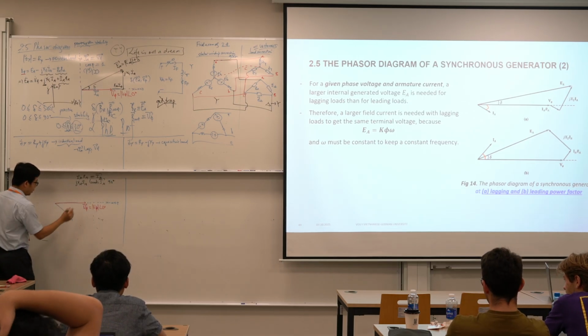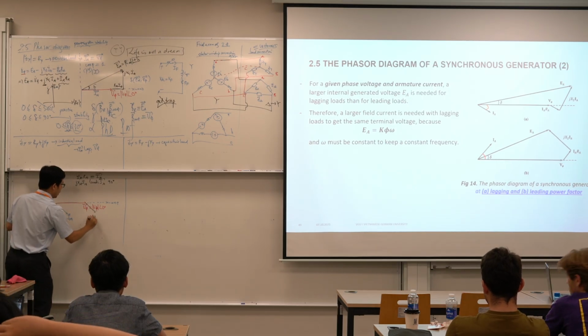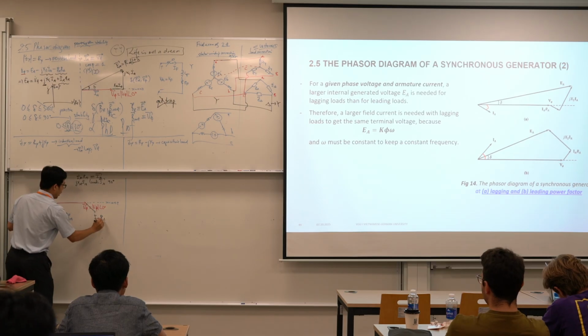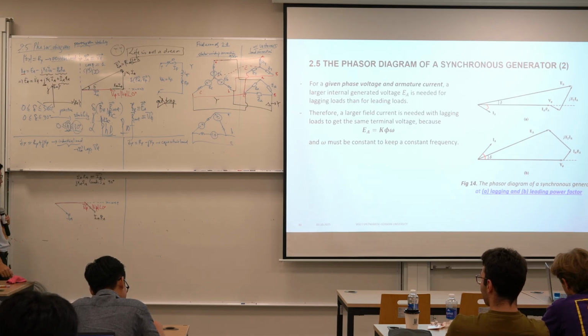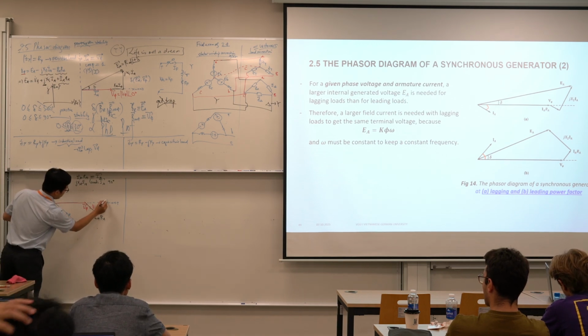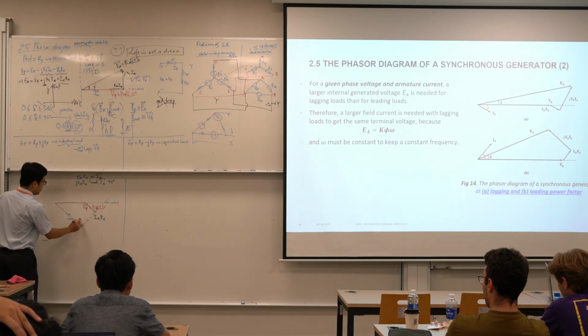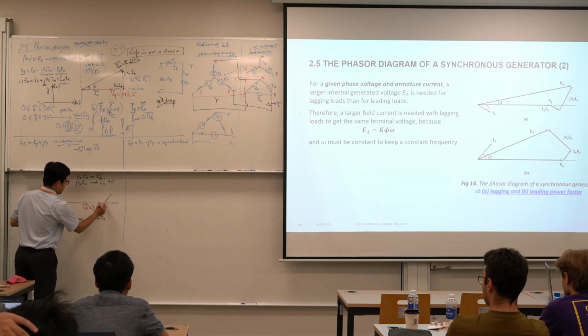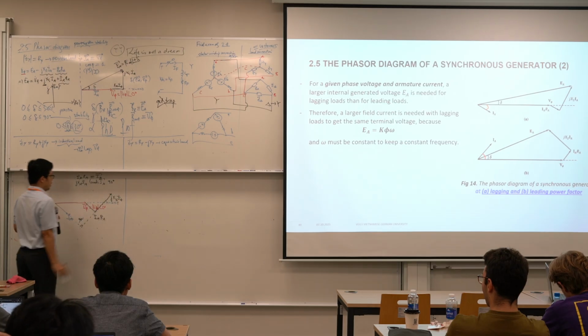Okay. So here is IA Ra. With 90 degrees, you can get here jXs IA.